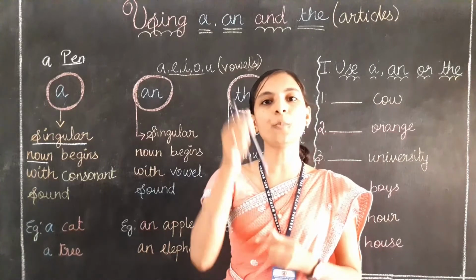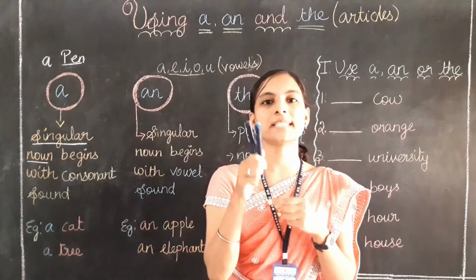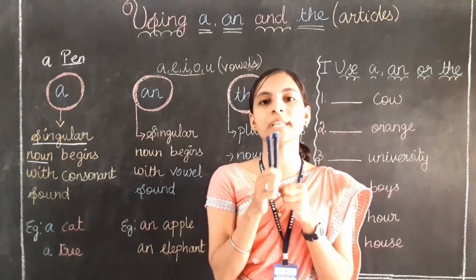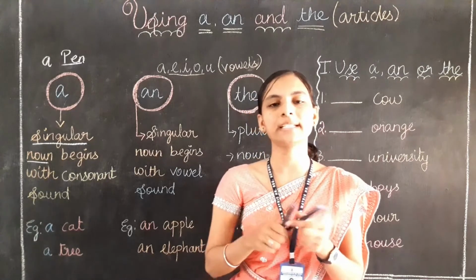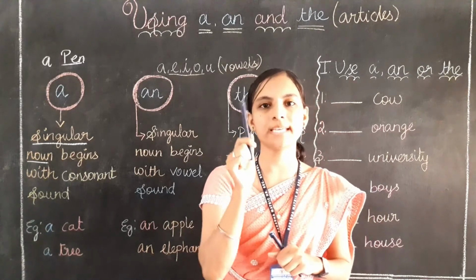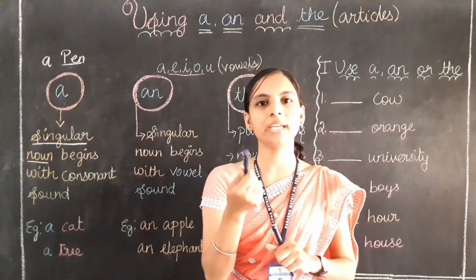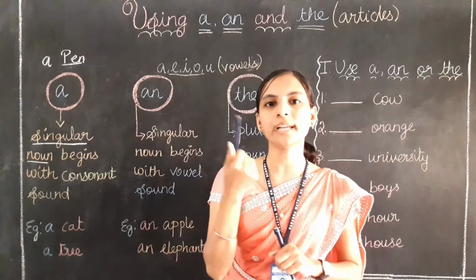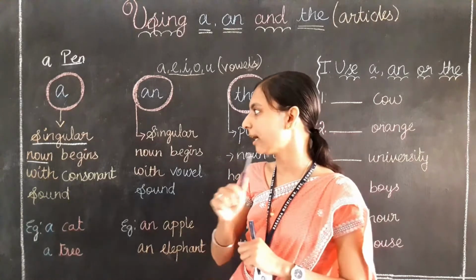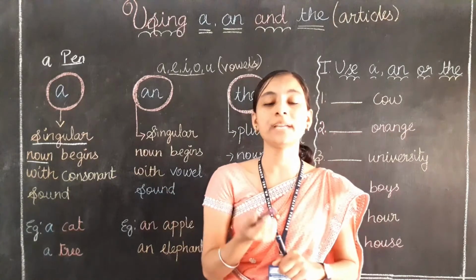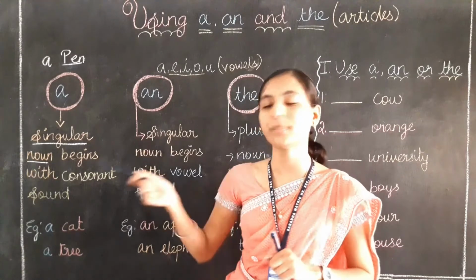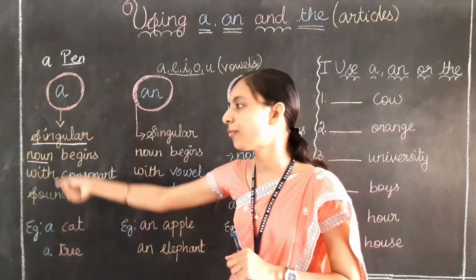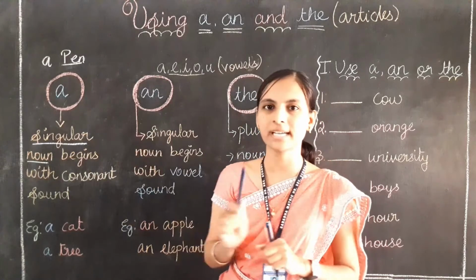Suppose I have 2 pens, I can't say this is a pens. That's the wrong way of saying it. If we are talking about only a singular noun, we use the article A, and it should begin with a consonant sound.